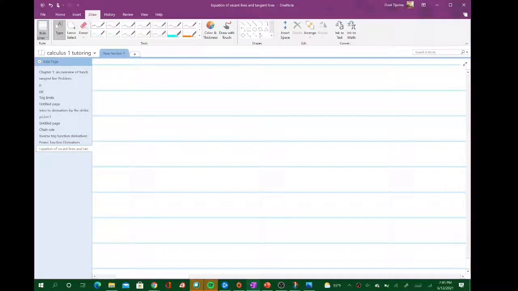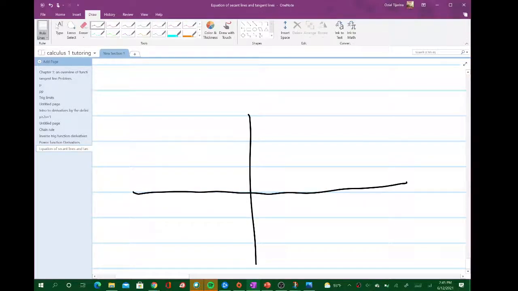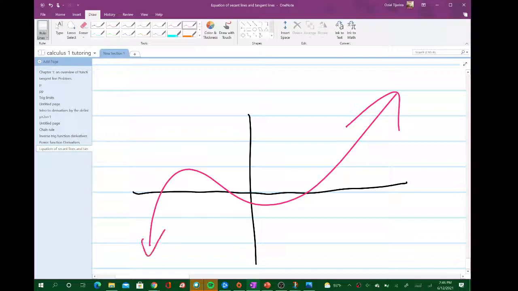So when you have a secant line, I'm just gonna do this very quickly. Let's say you have a curve. The definition of a secant line is that the line touches any 2 points on the graph. So basically, let's say this one and this one.